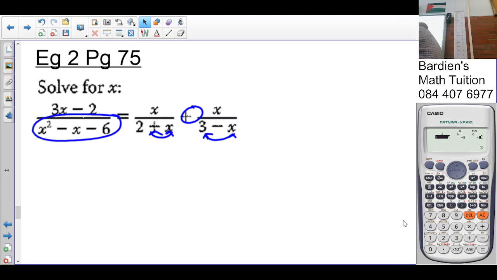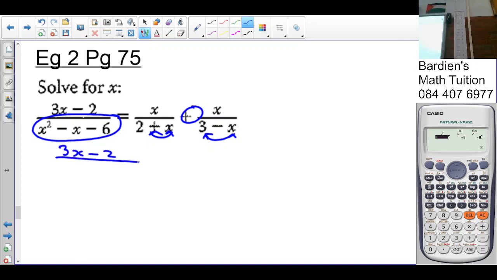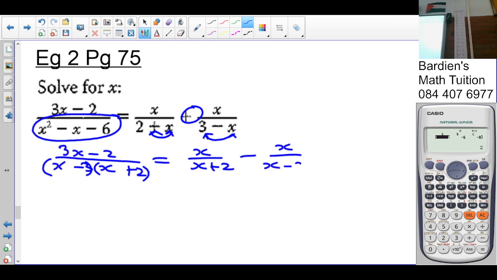Okay. So what do we get? This will be 3x minus 2 over the trinomial, x and x, 3 and 2, minus plus, equals x over x plus 2 minus x over x minus 3.